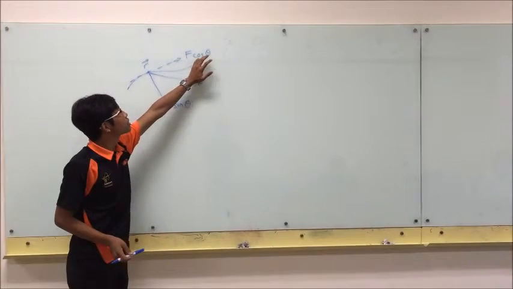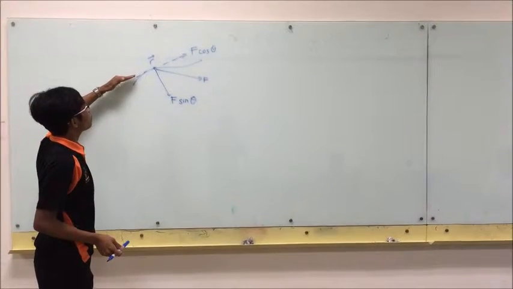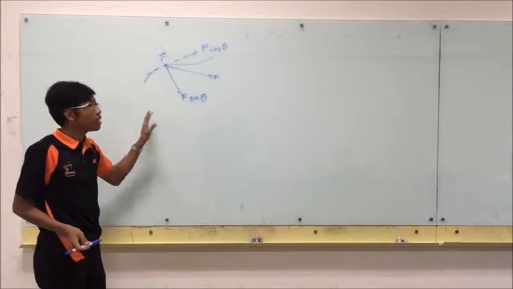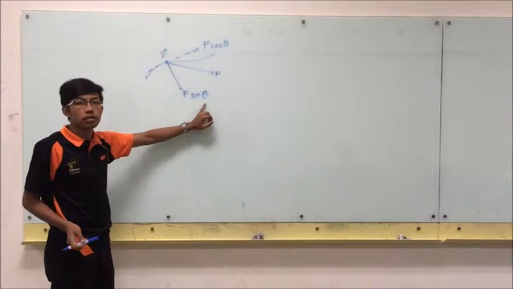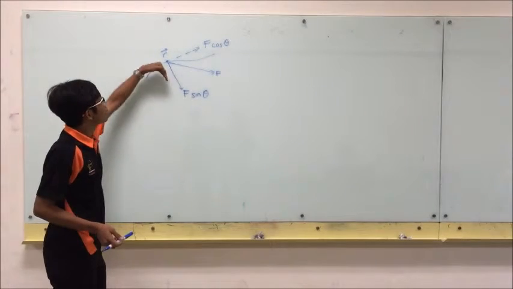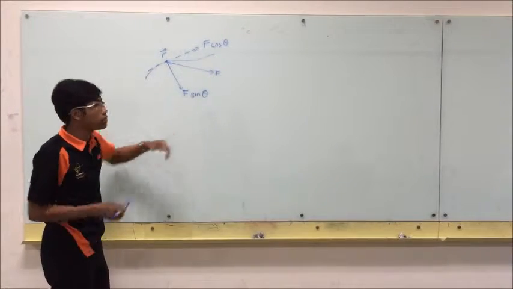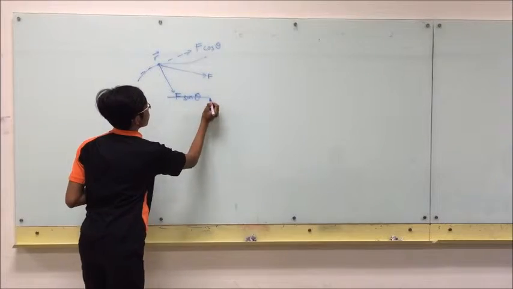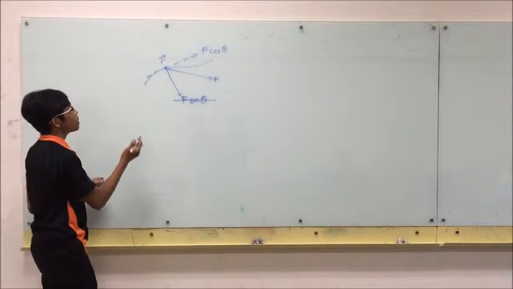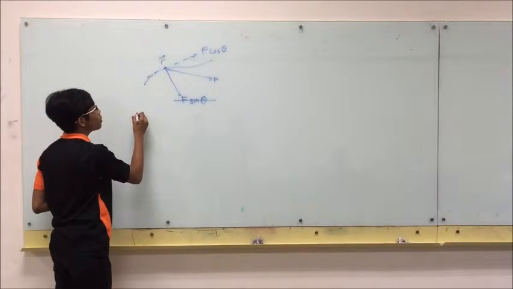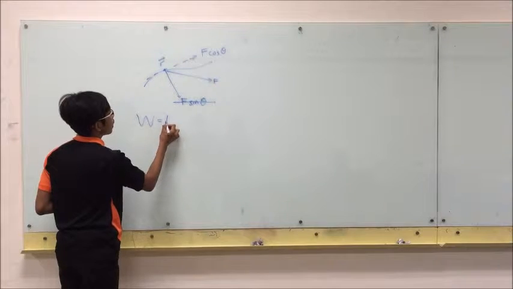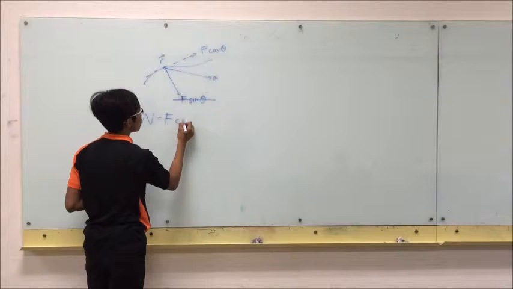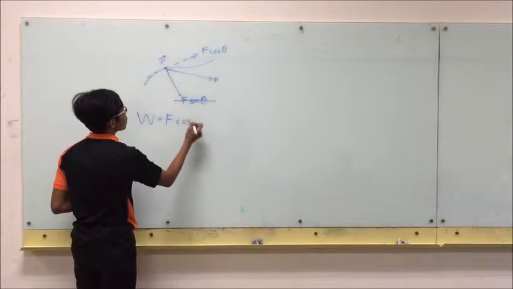We can see that F cos theta is in the direction of the tangent at that point. In this case, we neglect F sin theta because there is no displacement in this direction, so we do not need to use F sin theta in our definition of work. So we can write work as the horizontal component of F, which is F cos theta, times vector r.